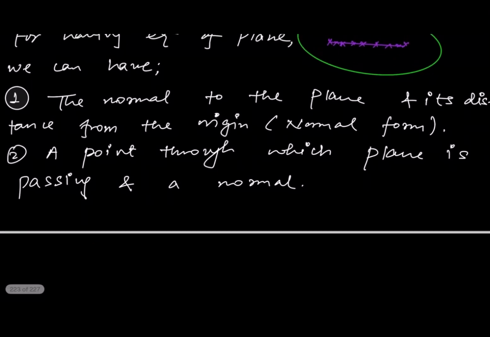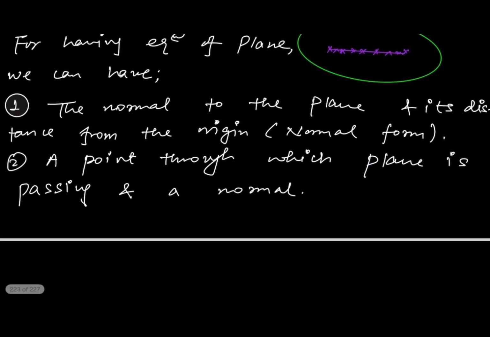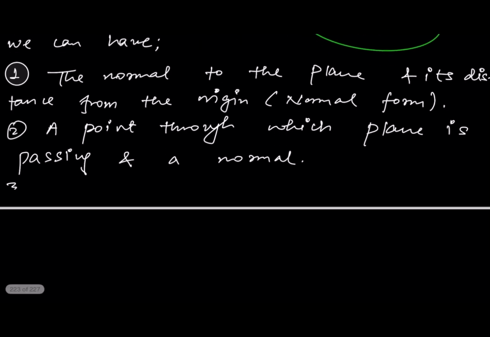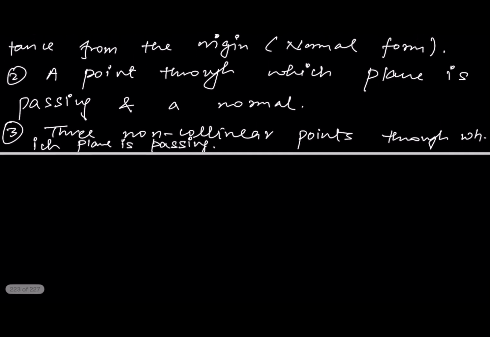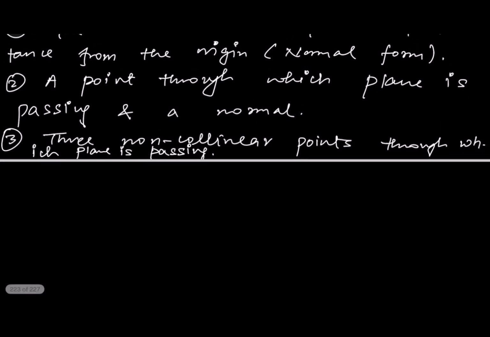Means for the second case we need a point through which the plane is passing and a normal vector. And for the third case we need 3 non-collinear points through which the plane is passing, right? So in this class we will discuss only normal form.